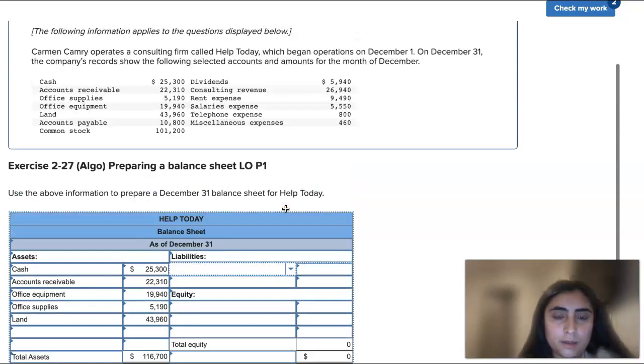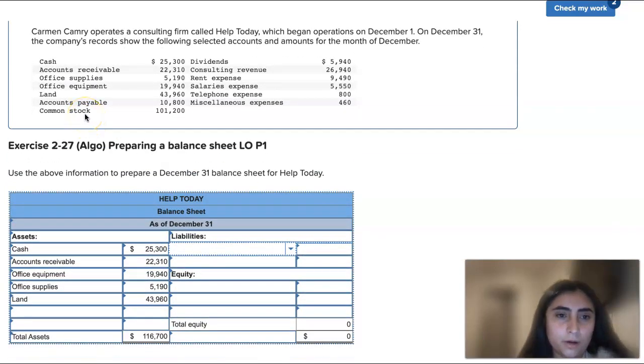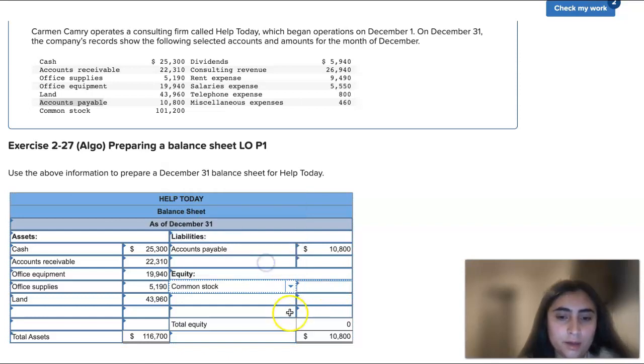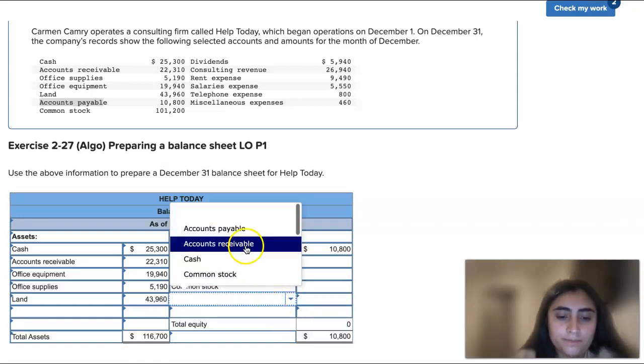Liabilities. What liabilities do we have? What do we owe? Accounts payable. Here's the accounts payable, 10,800. And the equity. We have learned that equity is common stock and retained earnings.